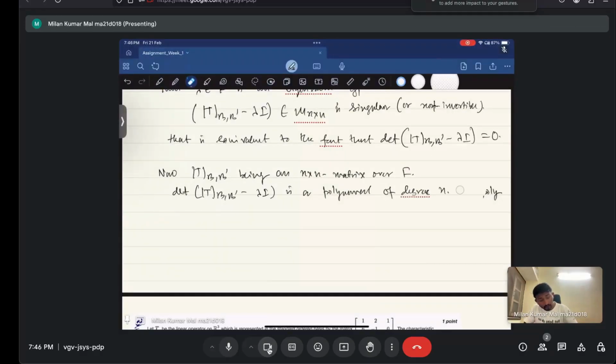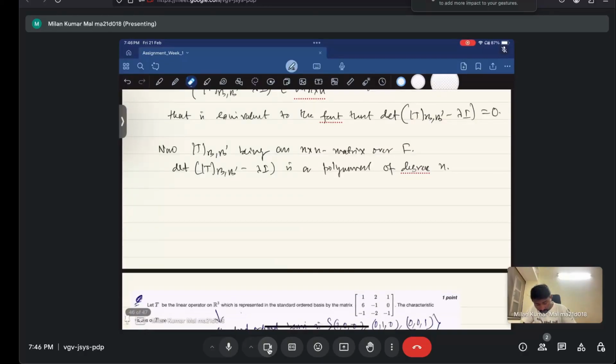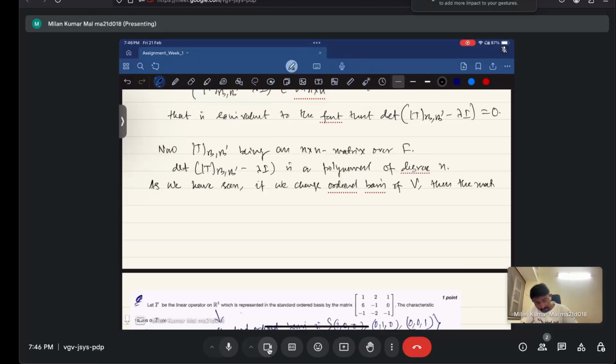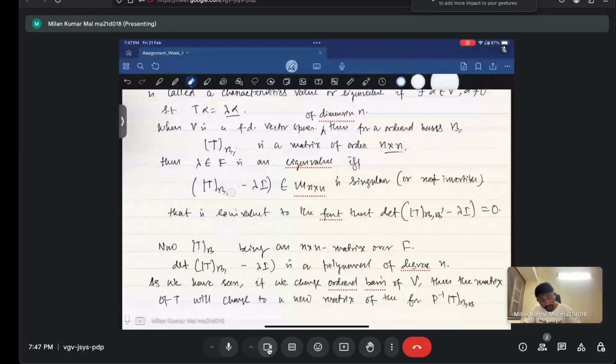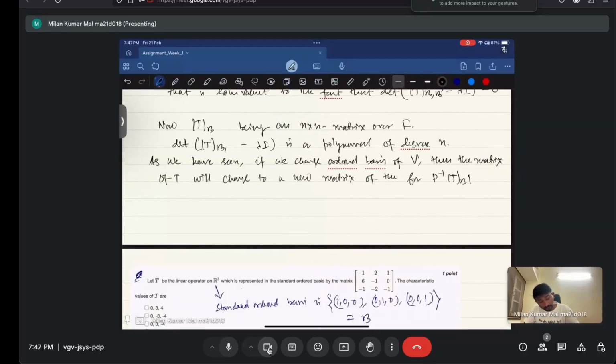Now, as we have seen, if we change the ordered basis of the vector space V, then the matrix of T will change to a new matrix of the form P inverse times the matrix of T times P. There is no beta dash here because we are considering a single ordered basis.